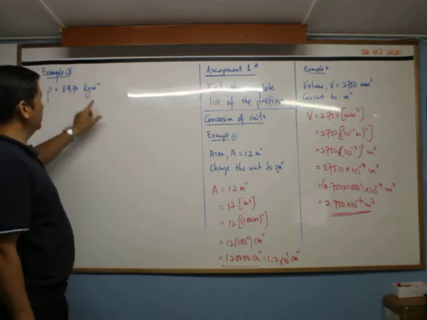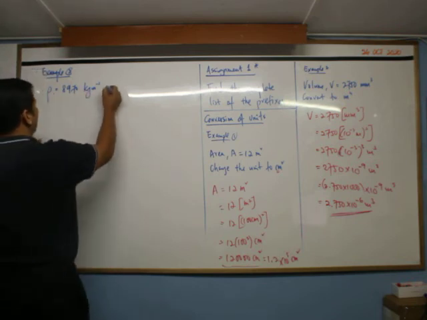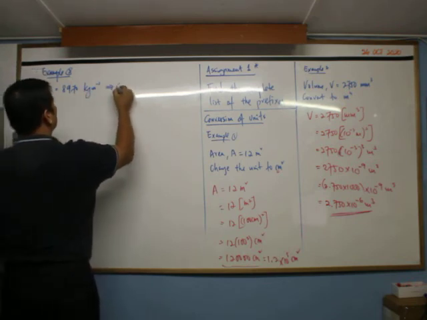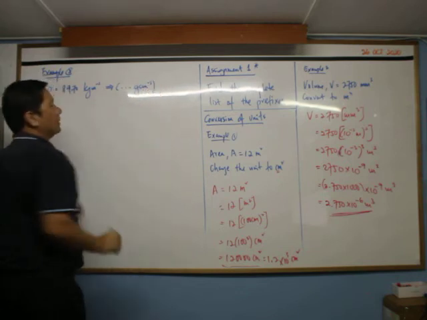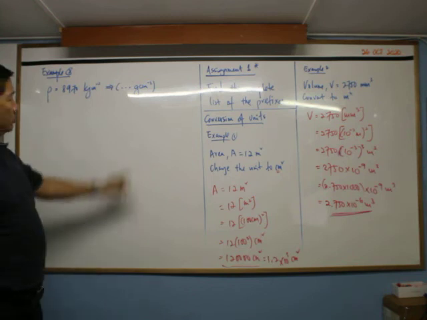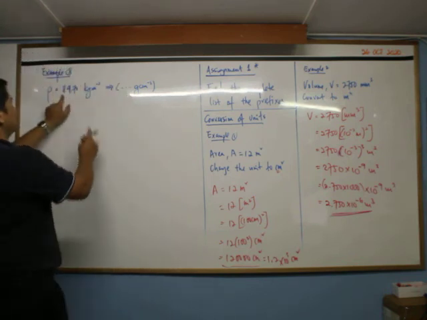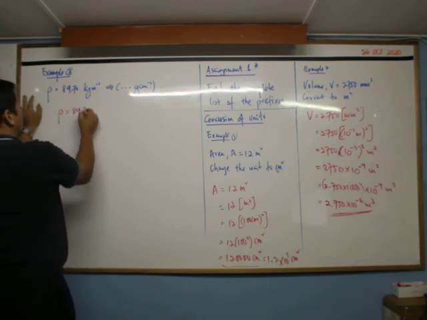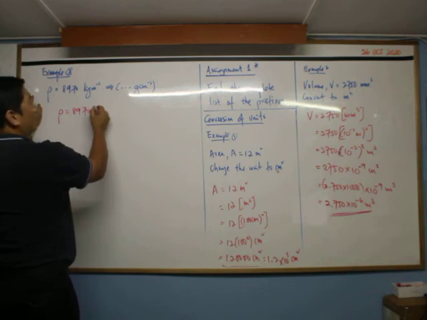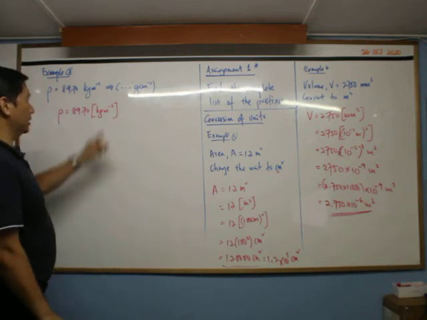You see 2 units now, kilogram and meter. So change this to gram per cubic centimeter. So it becomes smaller. First step, split these two: 8970, and that one is our unit, kilogram per cubic meter.